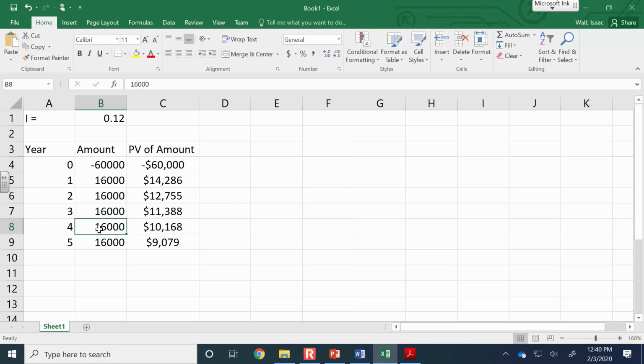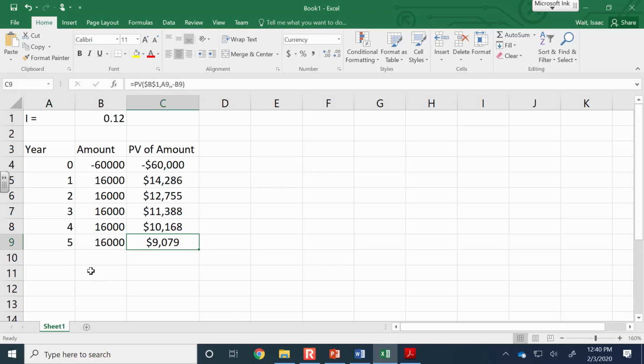And so the $16,000 in 4 years, if you move it to the present, it has a value of $10,000. And so the closer you are to the present, the less discounting has to occur. And so $16,000 only 1 year away from the present is worth pretty close to $16,000, or at least much closer than these amounts that are much further in the future.